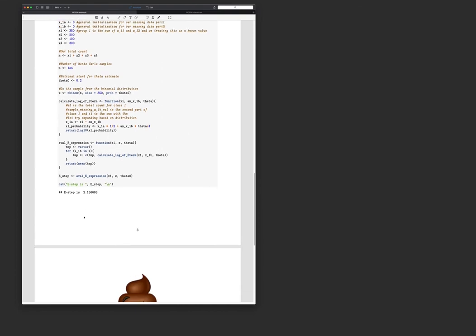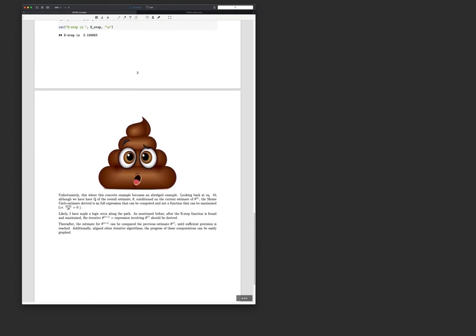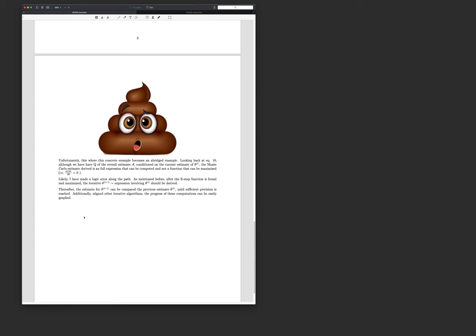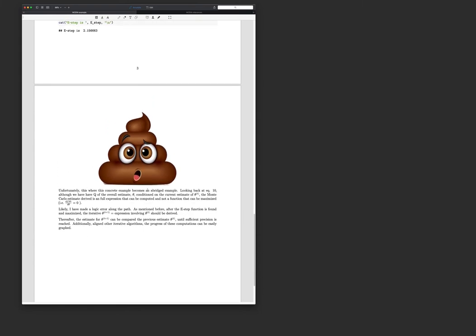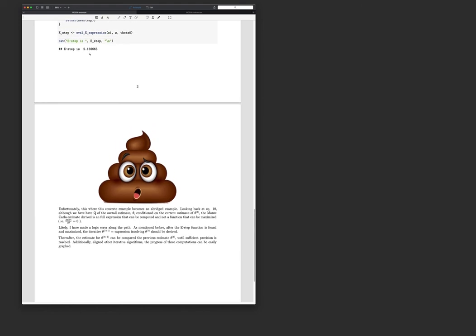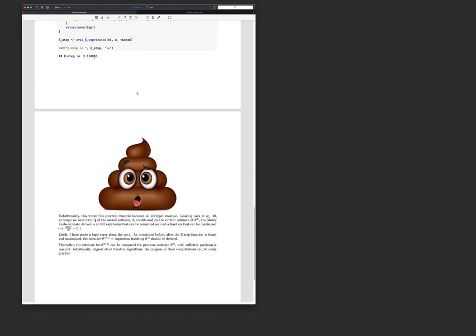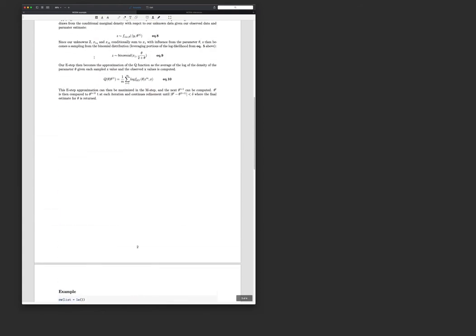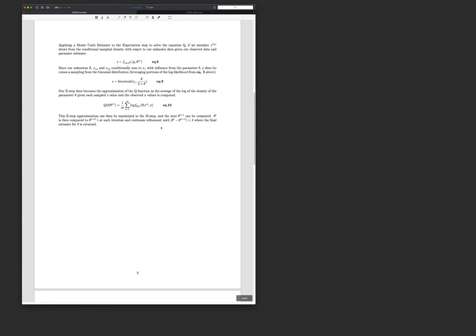That looks great. Unfortunately, something went wrong with this particular logic as I attempted to work through it. And this is unfortunately the end of the concrete example and just leaves it as an abridged sample. The reason I have this happy little emoji here is our E-step is not something that can be maximized, and it actually must be maximized if we go back up here and take a look at this.